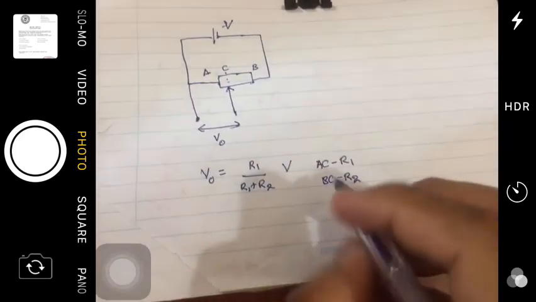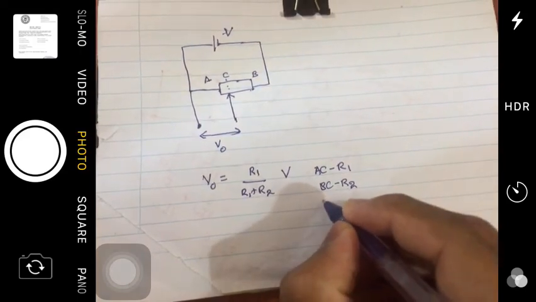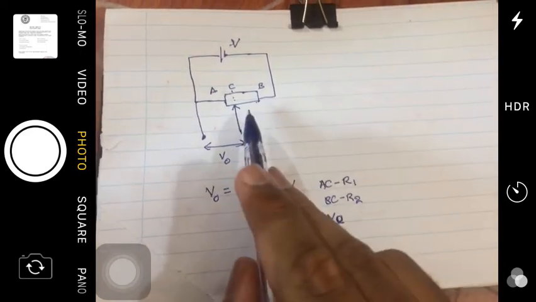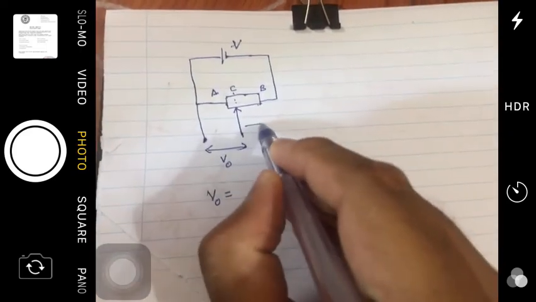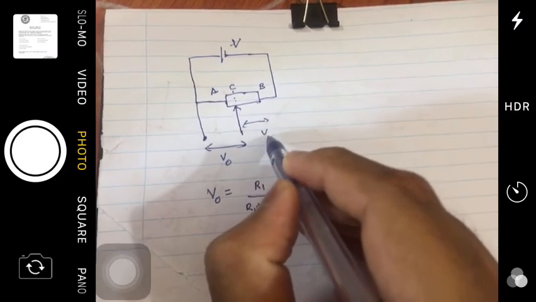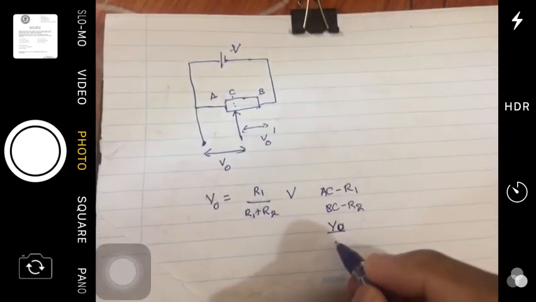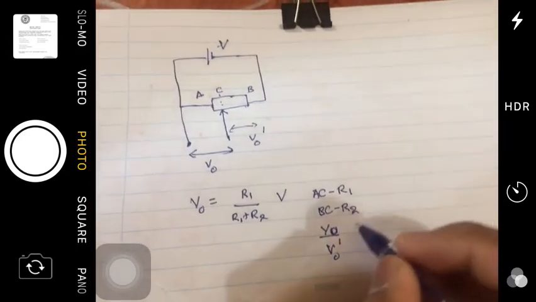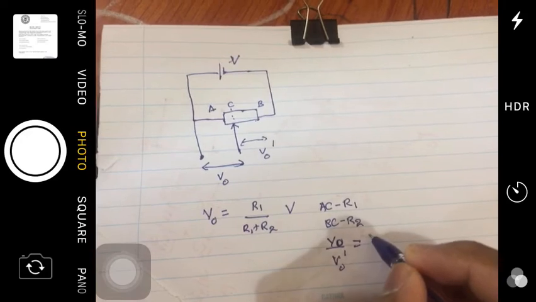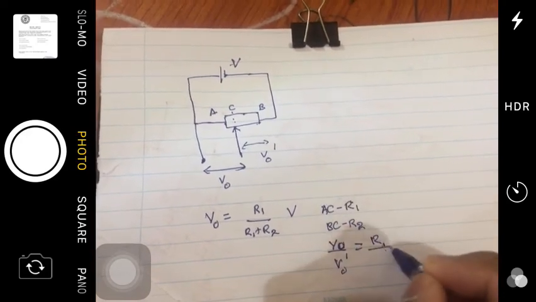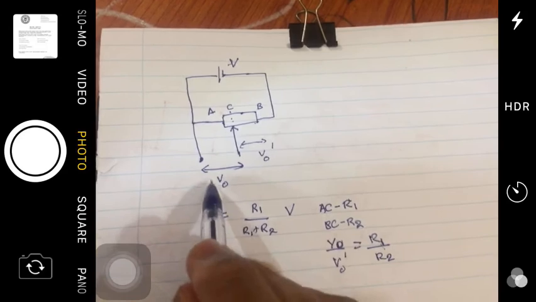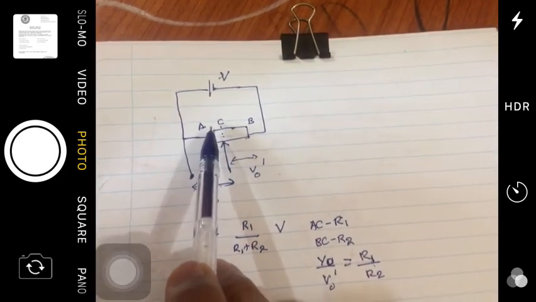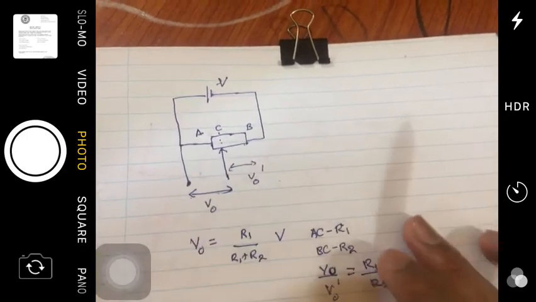And we know that V naught over the remaining potential, let's call this potential V naught dash, so V naught over V naught dash would be equal to the same ratio as R1, AC, over R2. This is like V1, V2. V naught dash would be in the same ratio as the resistors AC, BC.